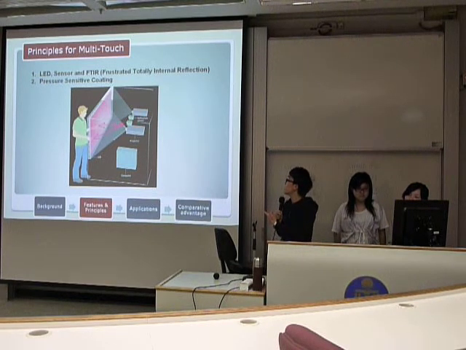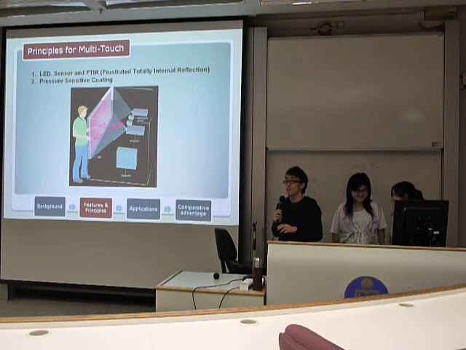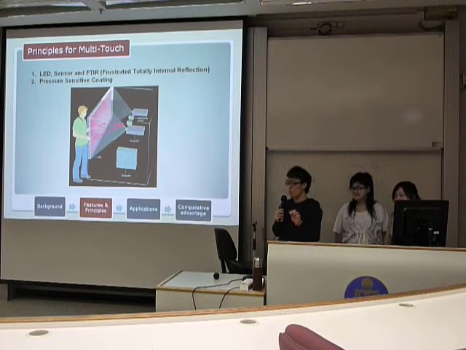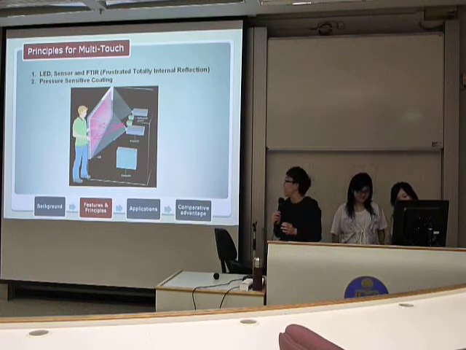Apart from the sensor which sends out the light, there is also a pressure-sensitive coating which demonstrates the idea of the projected capacitive: when you touch the screen, the pressure acts like a pattern change, and there is a corresponding current change on top of the screen.